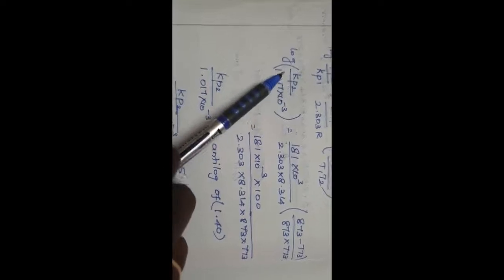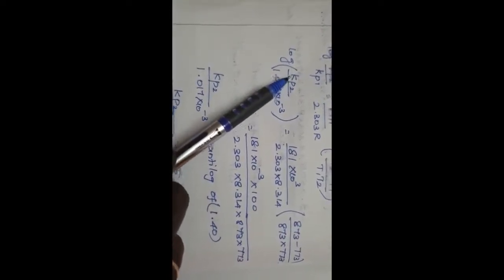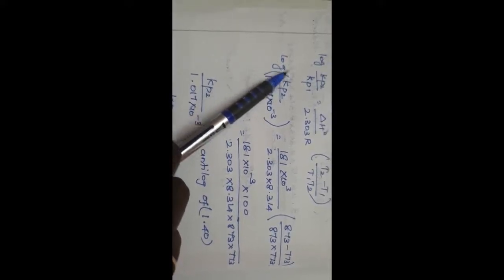Since we have the log for this unknown term, we take this log to the right hand side, so it converts into the anti-log of the simplified value, 1.40. On the left hand side, Kp2 divided by 1.017 into 10 power minus 3.